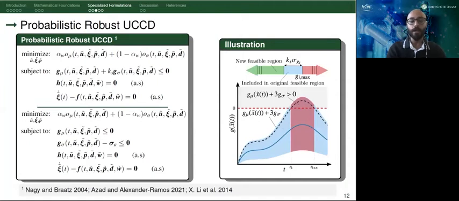In another formulation, we can require the standard deviation of the inequality constraints to remain less than a desired value. Notice that the illustration associated with probabilistic robust UCCD formulation is shown on the right. And remember that probabilistic robust UCCD formulation is also a risk-averse formulation.